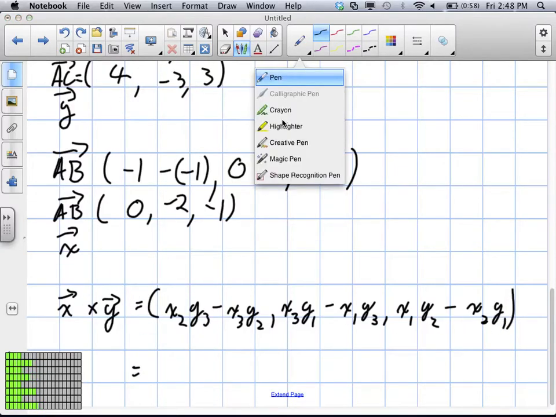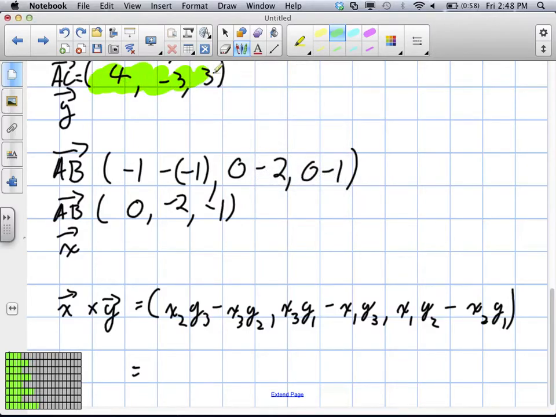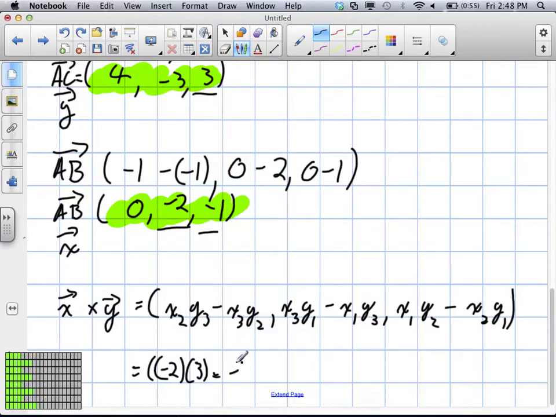So if these are our values, okay, let's make sense of it. X2, oh gosh, which one did I call x? This is, okay. -2 times 3, subtract -1 times -3.